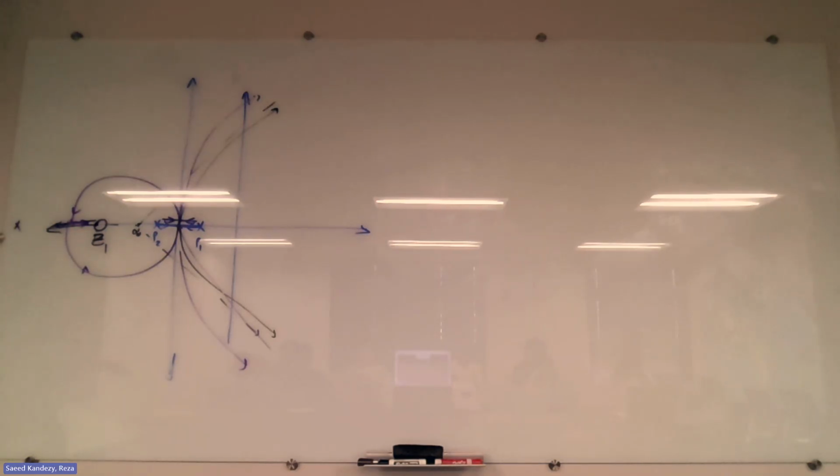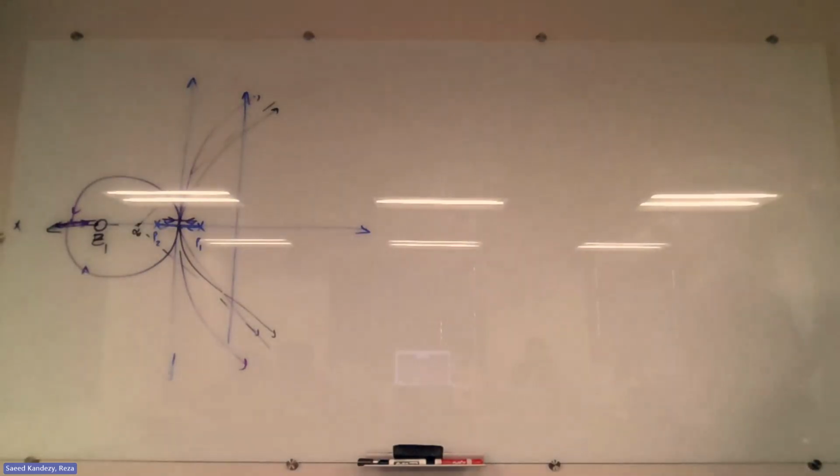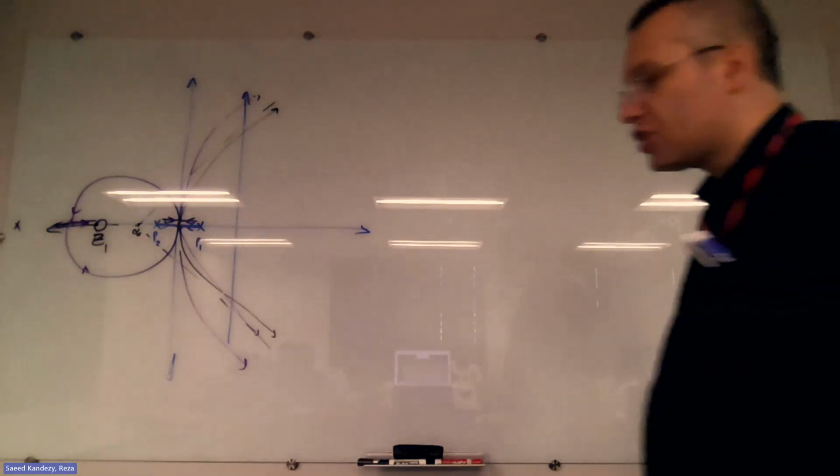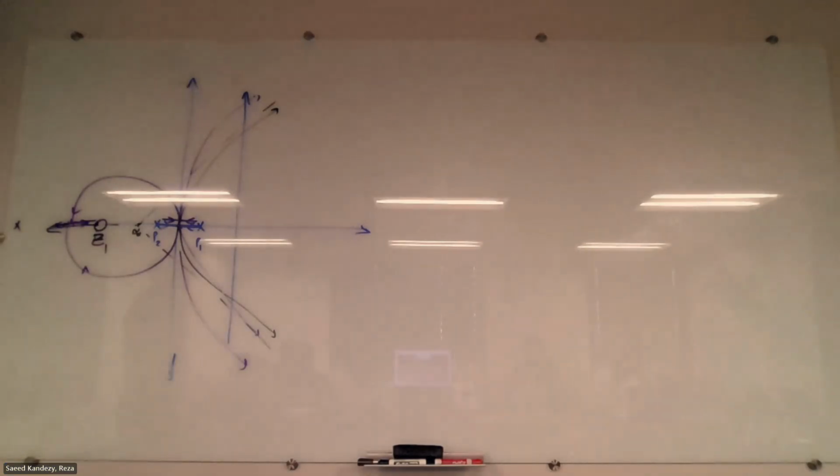Now, how can you describe that based on what we learned before when we talked about the time response? We said each of these poles on the real axis, when it's in the negative half plane, would add another decaying exponential to our time response.